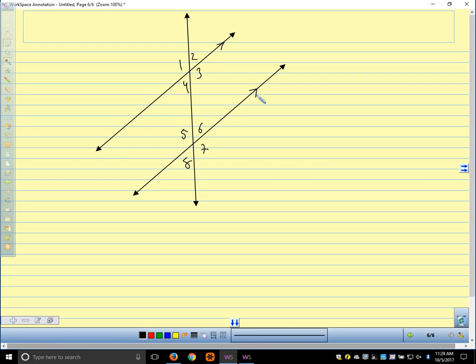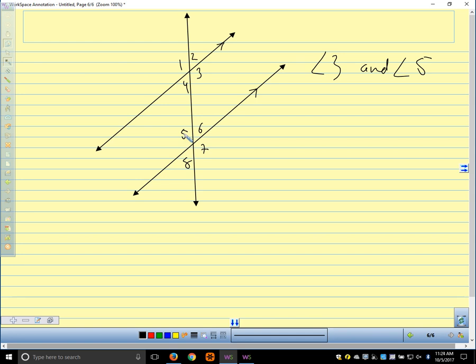All right, so for the first examples, I want us to figure out just what kinds of angles they are. So we're just naming them. How about angle 3 and angle 5? 3 and 5. What kind of angles are those?